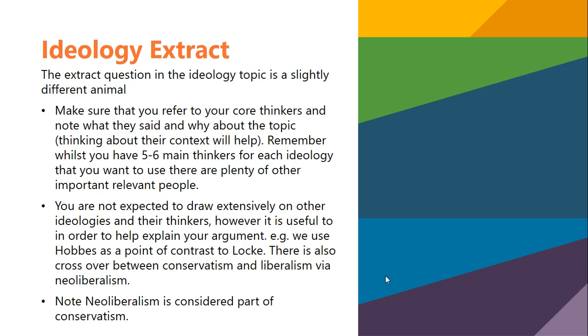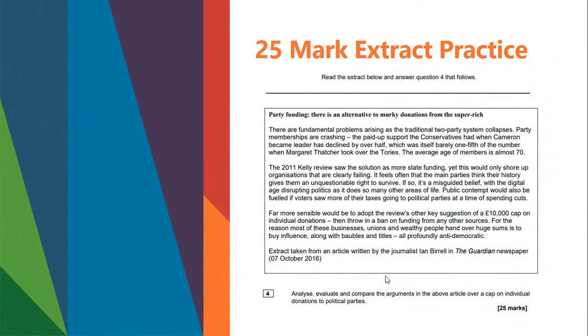You don't need to draw on all 6 or all 5 of them, or the other ideologies, if it's a liberalist question, or their key thinkers, but it's useful to explain your argument. For example, we use Hobbes as a point to contrast Locke, and there is therefore crossover between conservatism and liberalism via neoliberalism. And neoliberalism is also considered part of conservatism as well. And there is an example on there for you to look through.